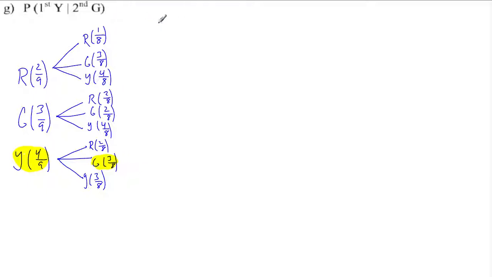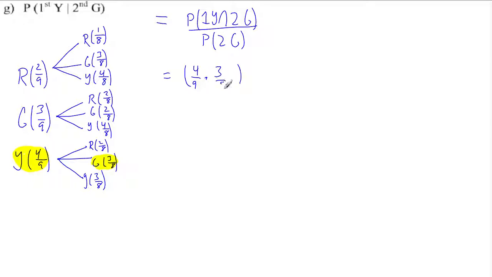So again, this is going to equal the probability that the first is yellow and the second is green divided by the probability that the second is green. The probability that the first is yellow and the second is green, well, that's just 4/9 times 3/8.